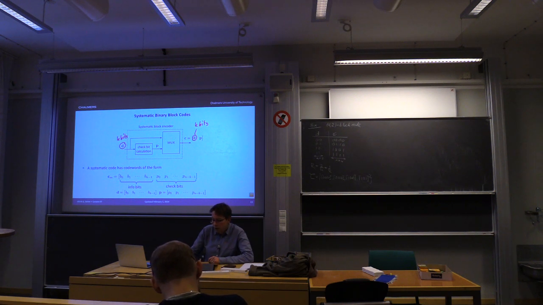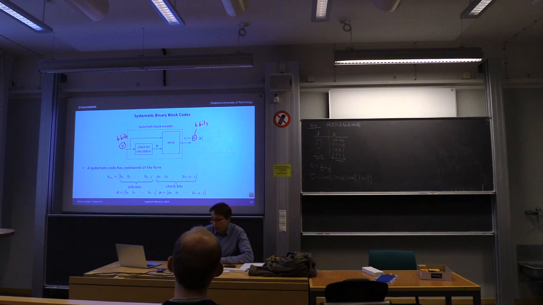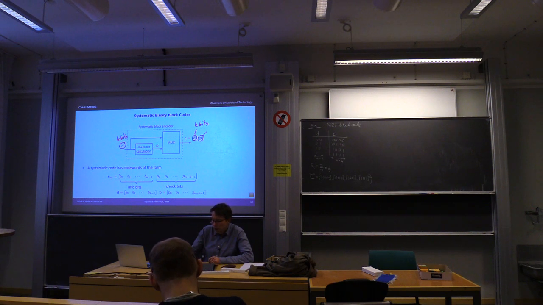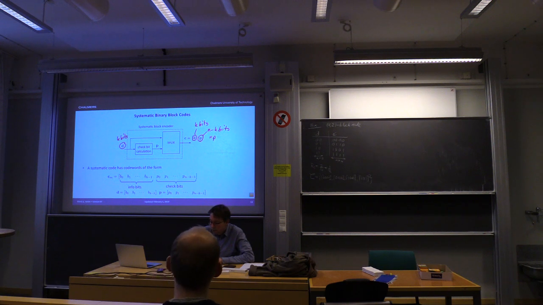And the last bits in the code word, which is n minus k bits, because the whole thing should be n bits, these are the parity bits, or check bits.